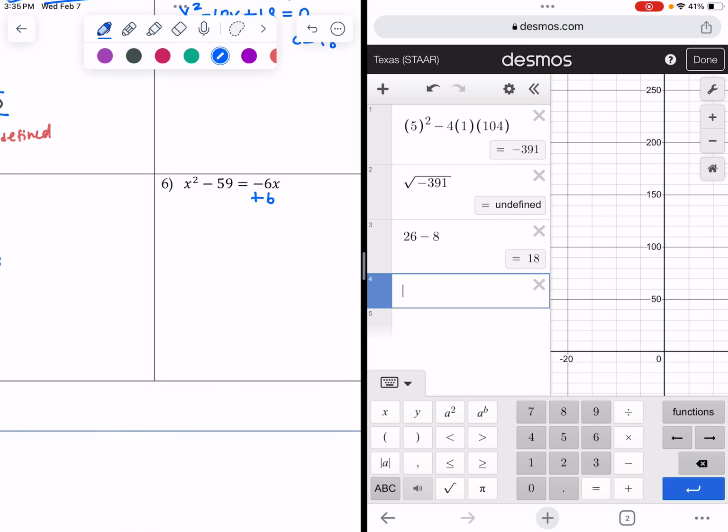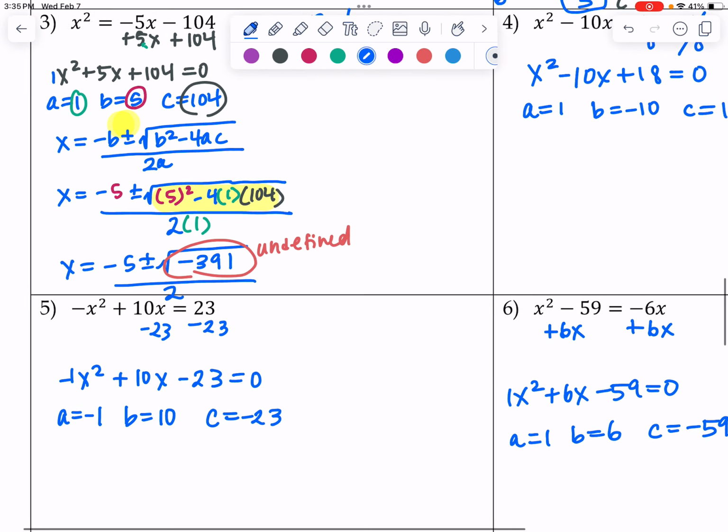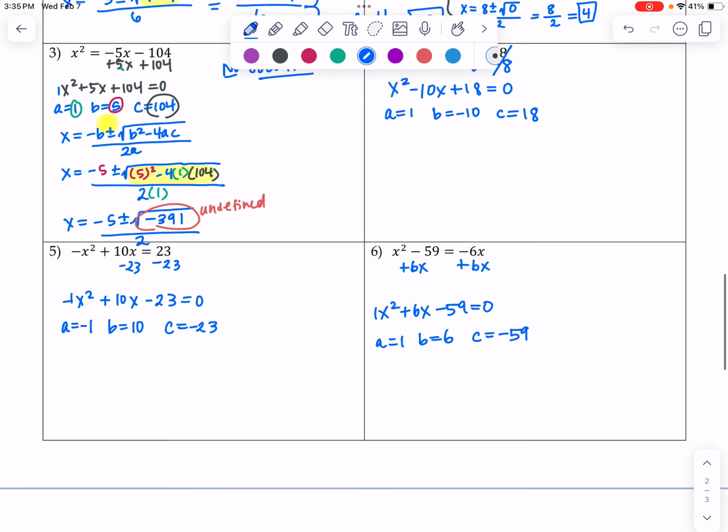Here you would need to add 6x, and it would go right in the middle. Don't combine it with anything. There's no other x terms. And then your a value would be 1, your b value would be +6, and your c value would be -59. So I'll let you try all these with the quadratic formula and check your answers.